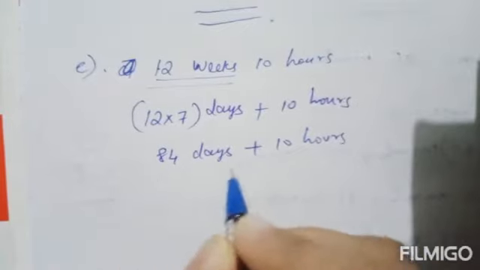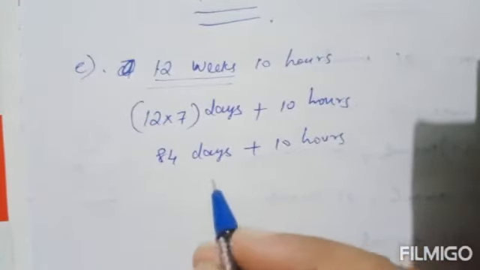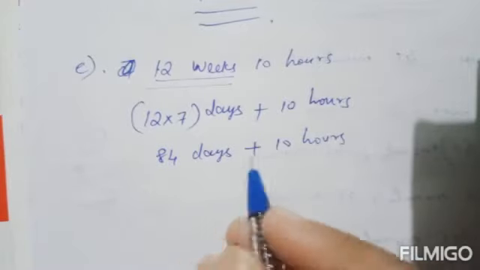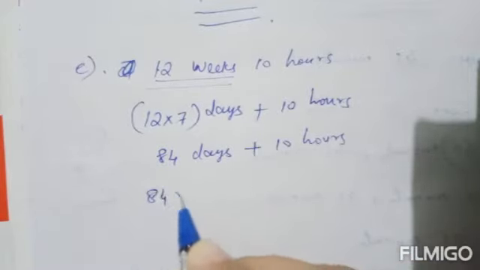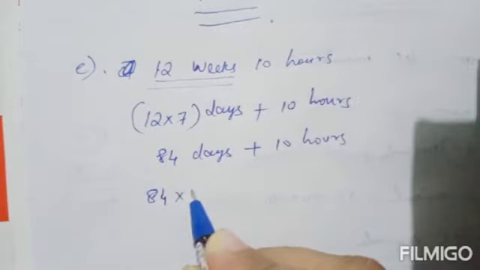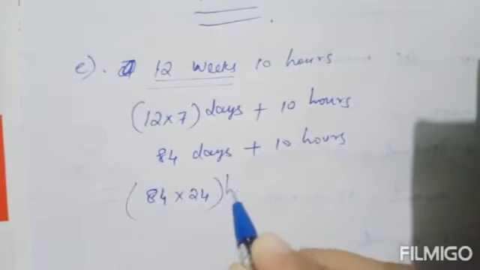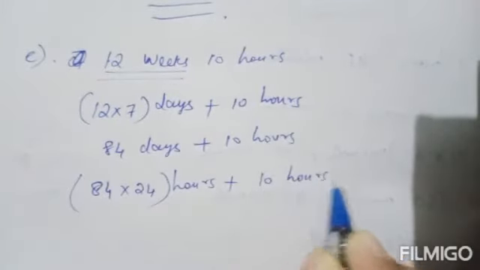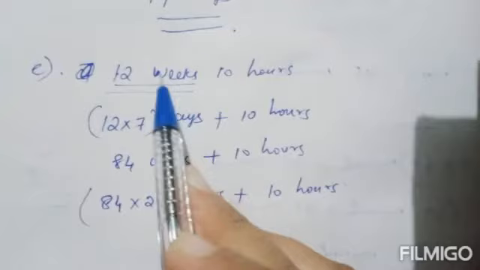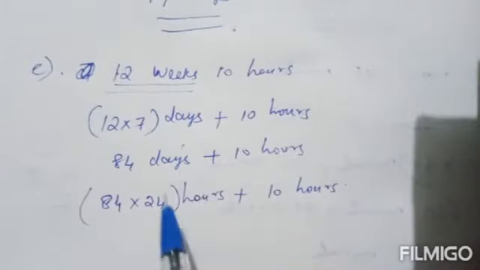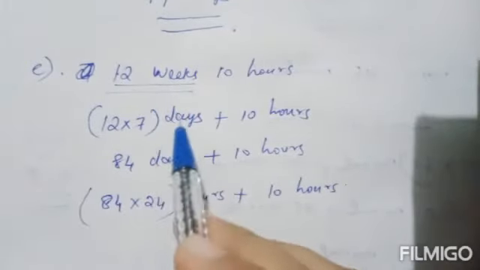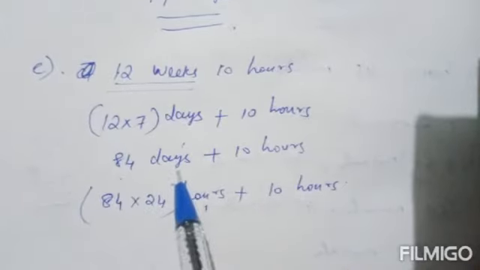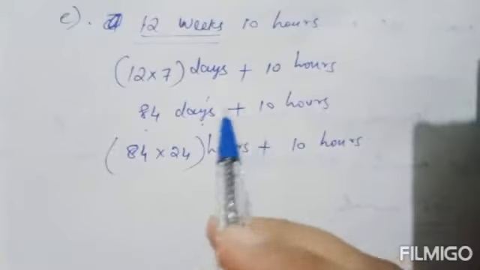Now this 84 days, let us convert to hours. You know 1 day equals 24 hours.